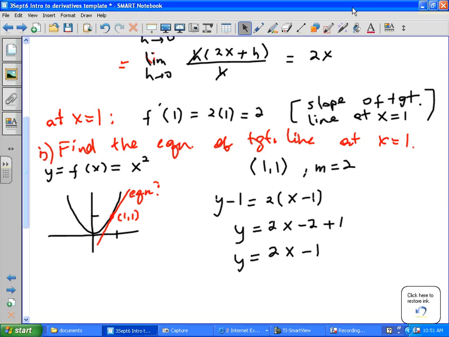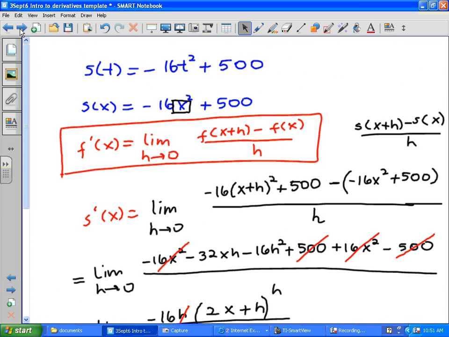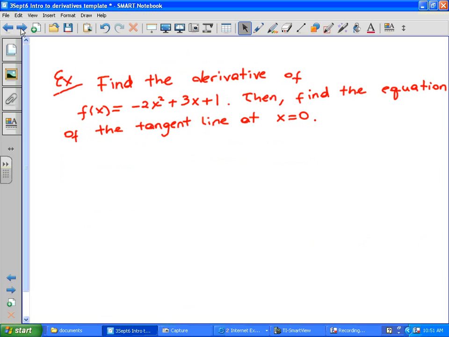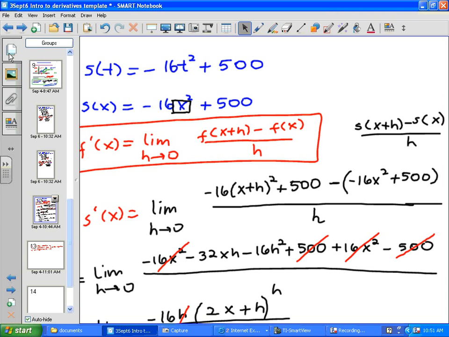Okay, speaking of the velocity and distance function, let me do something here. Clone the page and then erase.